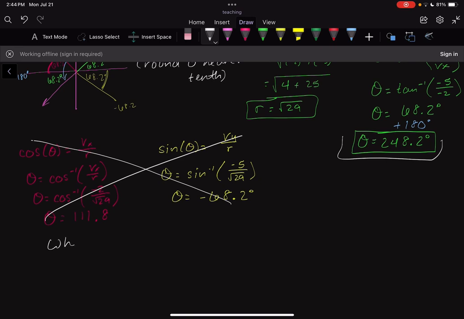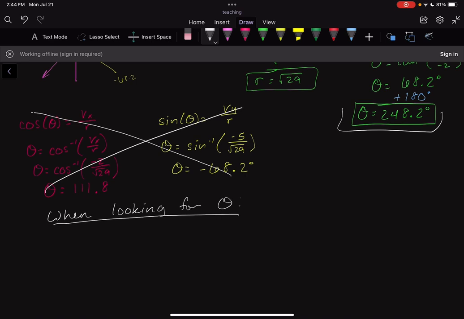So when looking for theta, here's my advice. And you can take this however you want. You can do it differently. But if I'm in quadrant 1, I'm going to use tangent inverse.